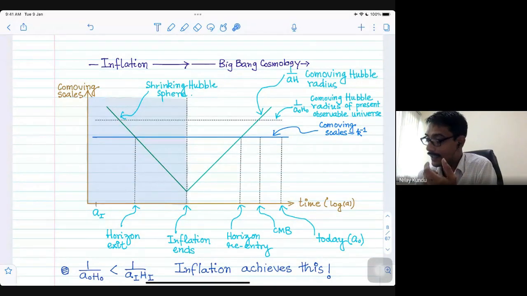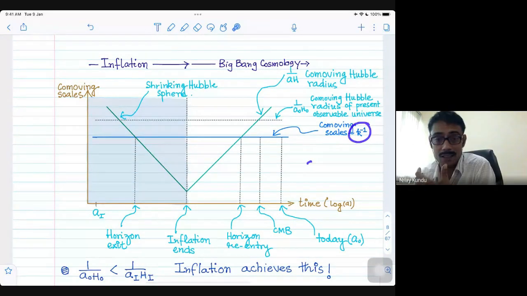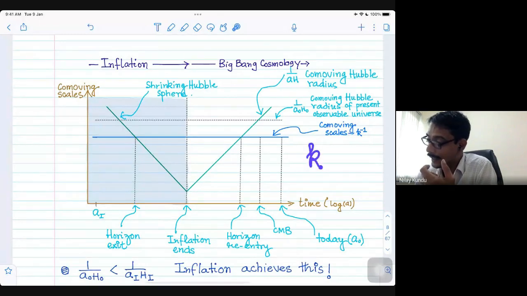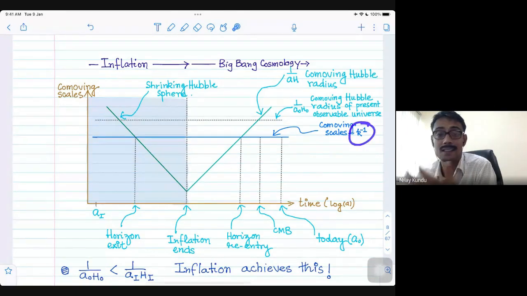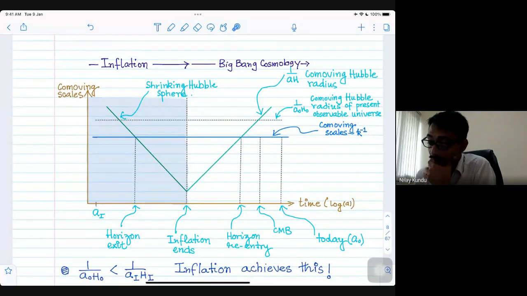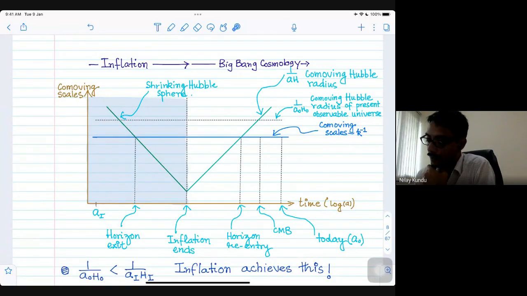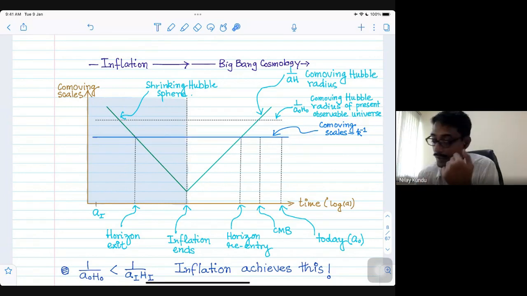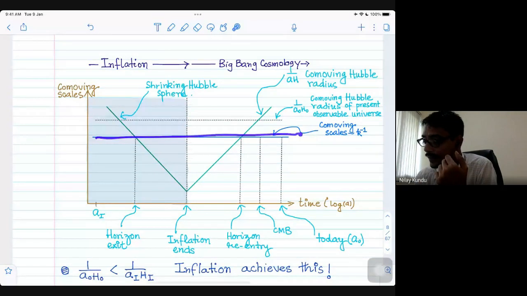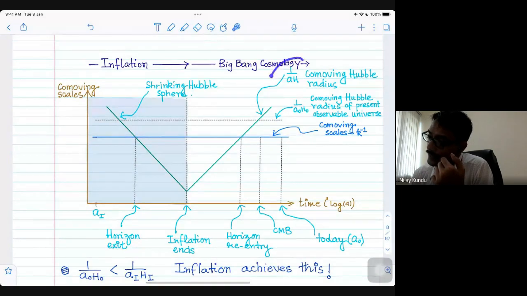Now, if the wave number is given by k, k is inversely proportional to the wavelength. So k inverse is the length scale associated with that mode. Now, even if the universe is expanding, that mode or the length scale associated to that mode stays constant. And this 1 over H, which is a co-moving Hubble radius, increases like this.